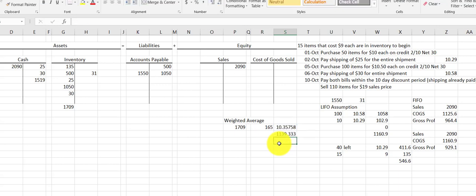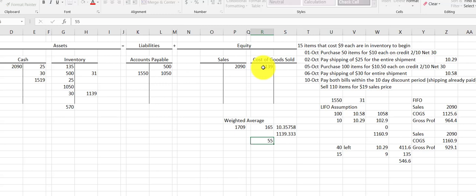So I just get one number, and that's how much I'm going to multiply by the number that I sold. And so there is my journal entry. And debit cost of goods sold. Gonna do a little rounding there.